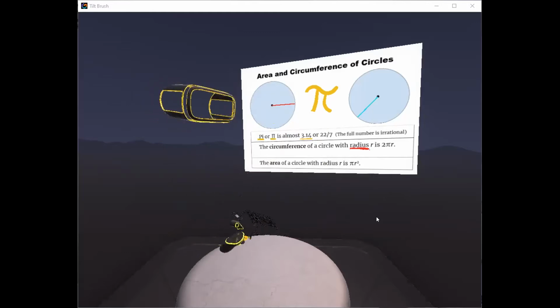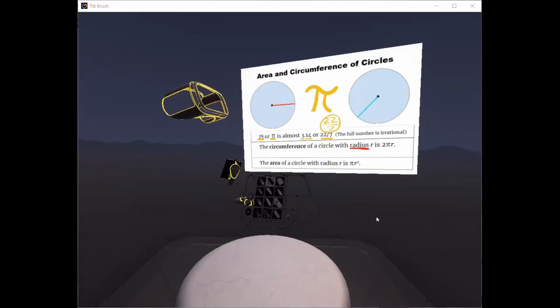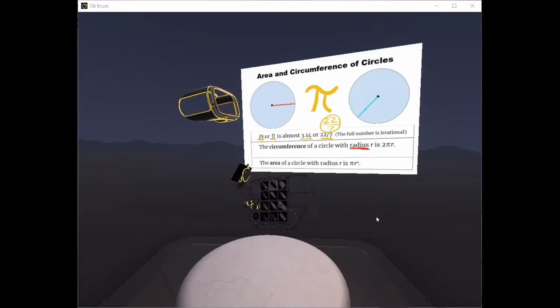And if you don't want to deal with it as a decimal, a fraction that's very close to 3.14 is 22 over 7, that's 22 divided by 7. Those are the two things that as middle schoolers I think are worth memorizing.